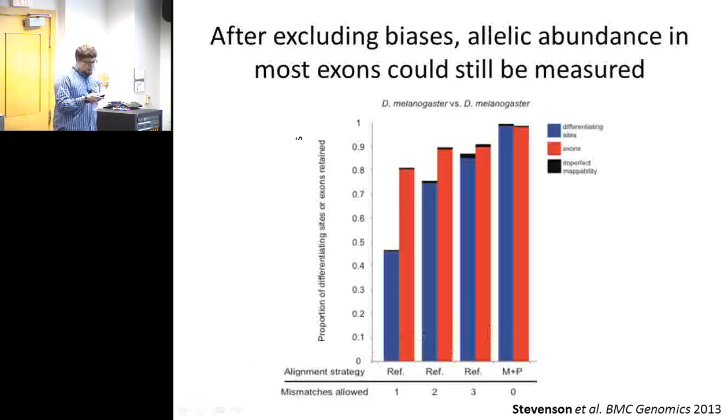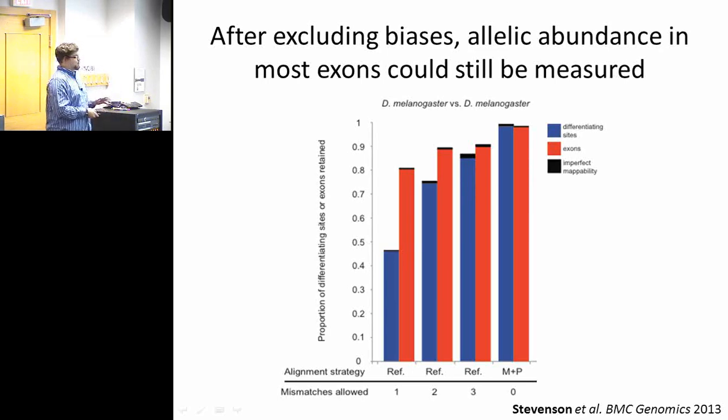And one other question we wanted to answer was, after removing differentiating sites either based on their density of differentiating sites or based on any level of imperfect mappability, how many would we still be able to measure? And we also wanted to look at how many exons retained at least a single one of these differentiating sites.